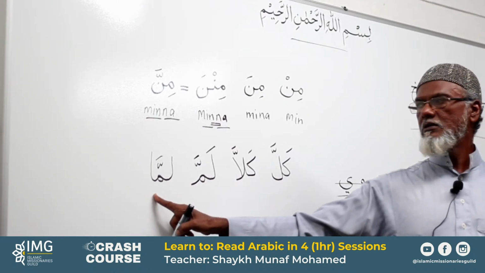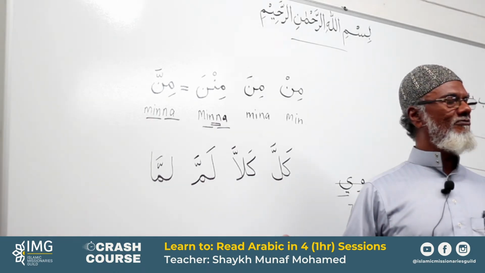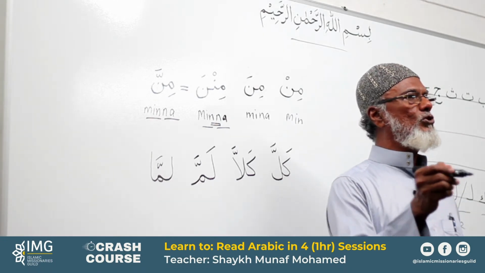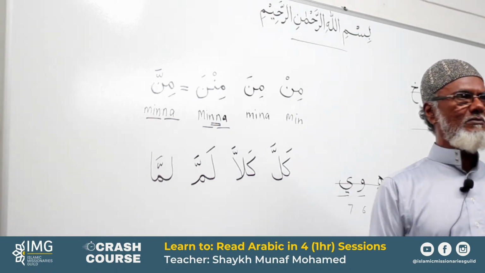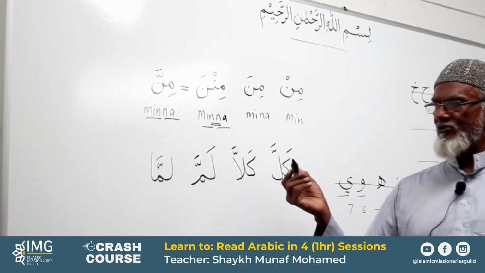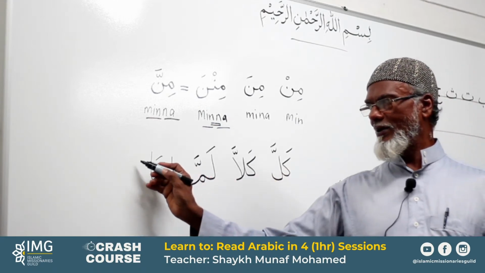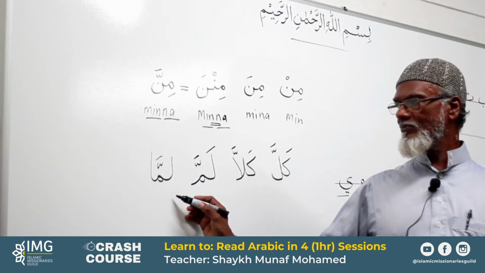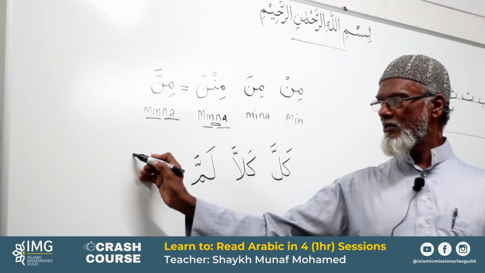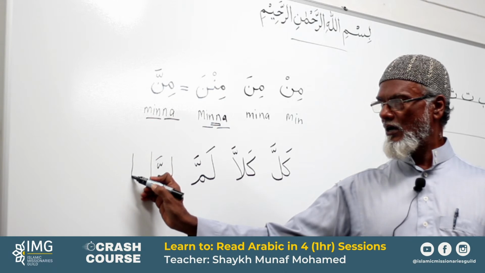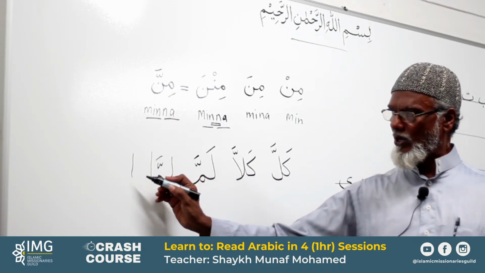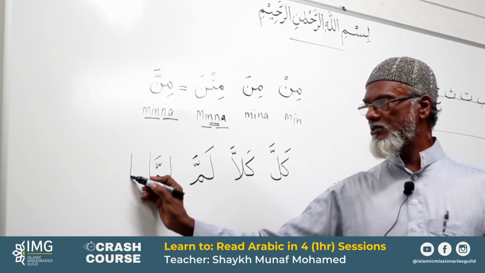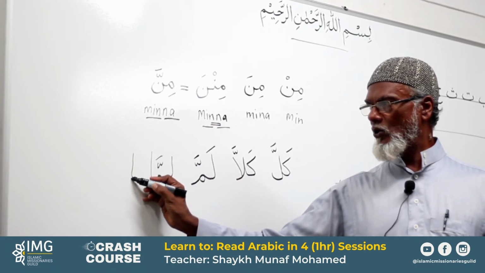Okay? So, in terms of writing, there are certain rules in writing. All right? Some simple rules that you will also have to know as you're learning to read Arabic. Whenever there is a mim after the letter lam, this is what happens. You go like this, and you don't follow the traditional way, you come backwards, and then you go back like that.